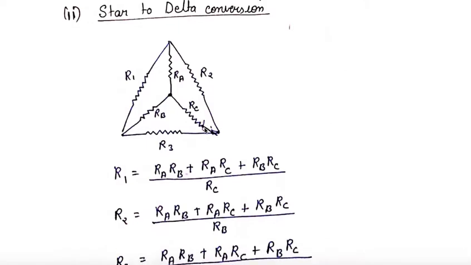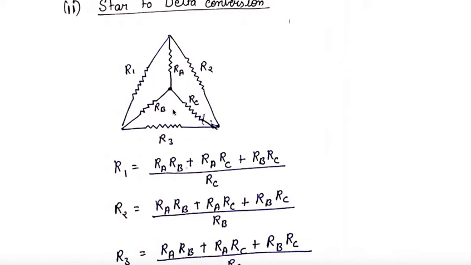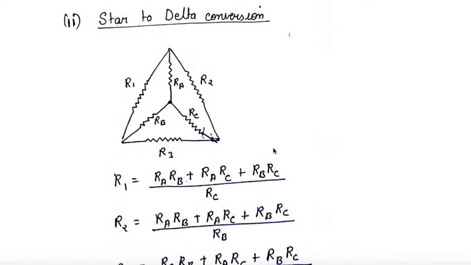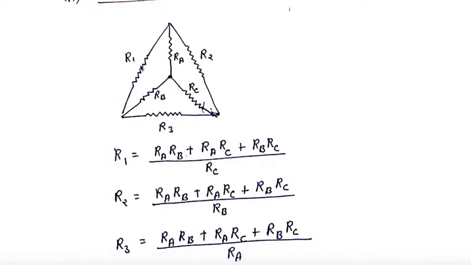In this case, R1, R2 and R3 magnitudes will be: R1 is RA into RB plus RB into RC plus RC into RA. The numerator will be common in all: RA into RB, RA into RC, and RB into RC. Now for R1, the opposite resistance is RC.